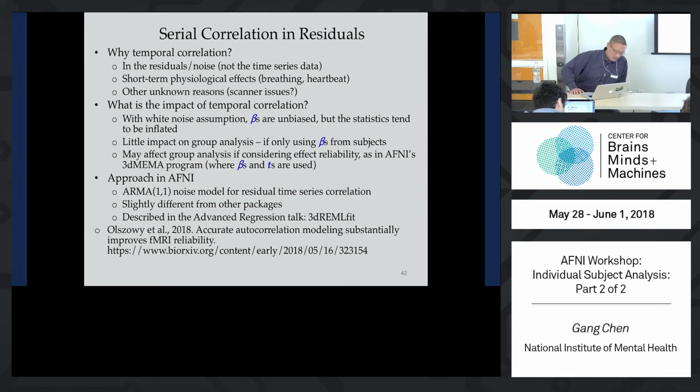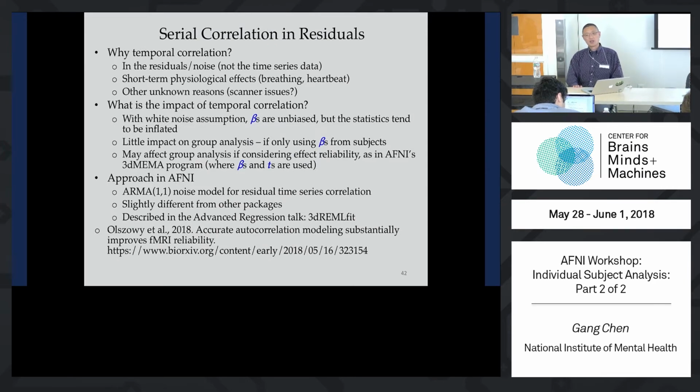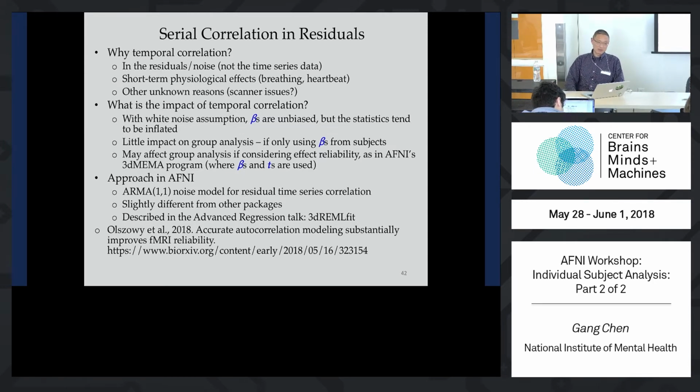Another issue is about the residuals. Residuals are the last term, and usually people don't care about them. But in fMRI, the data is structured; there is a temporal structure. So why do we need to care about this?